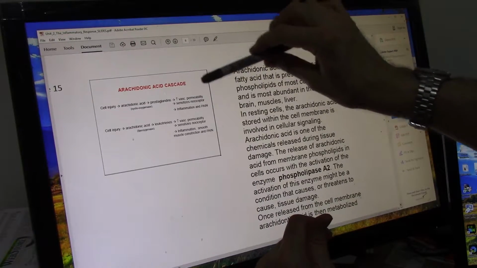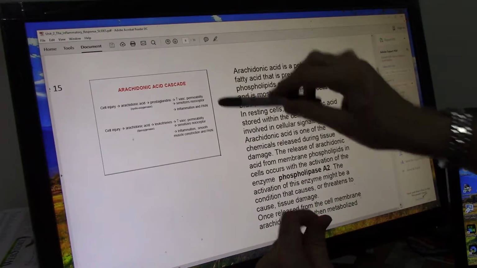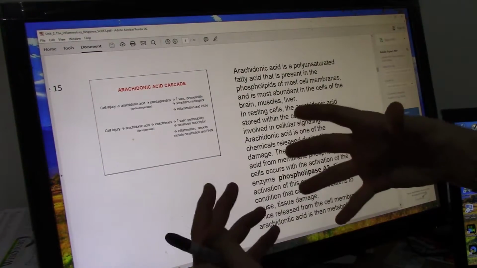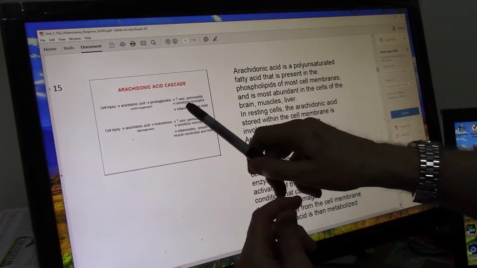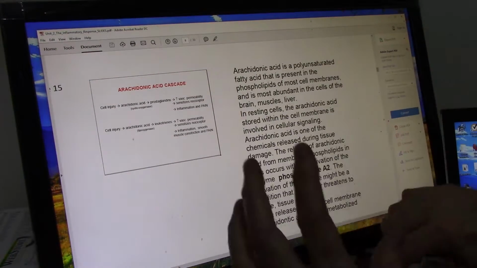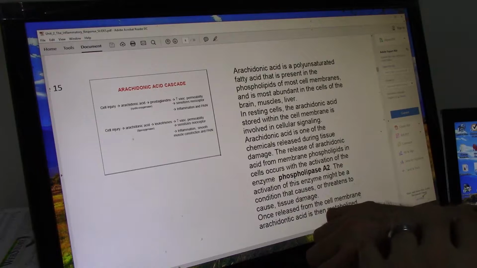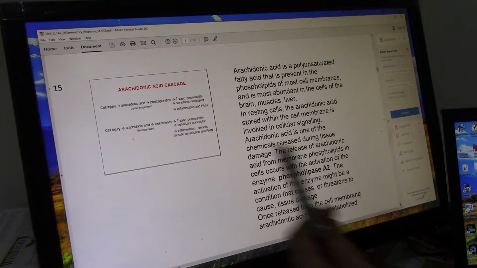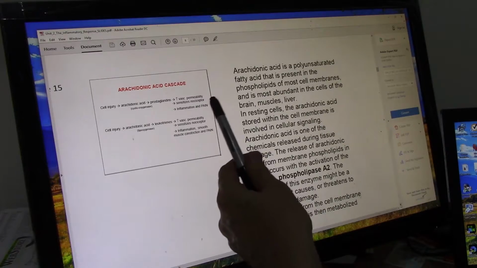The prostaglandins will increase the permeability. So again, it will make the blood vessels more permeable, but it also will sensitize the nociceptors. And nociceptors are the noxious nerve endings, so that will help us be sensitive to pain. So this is one of the things that creates the pain.